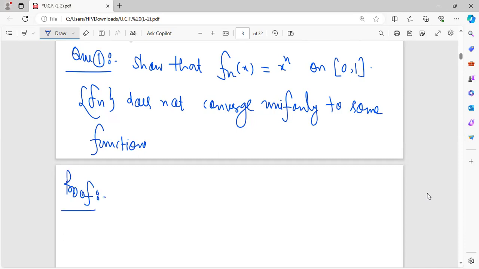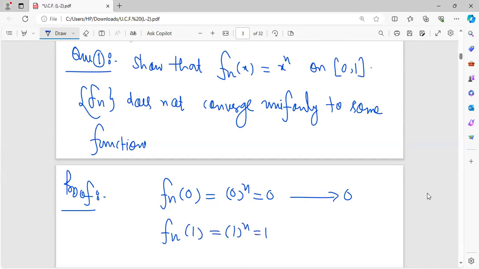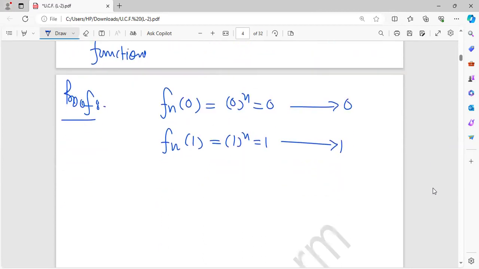Because we know that if we take fn(0), it will be 0, and this will converge to 0. And if we take 1, it will converge to 1. And what about if we take x in between? This will also go to 0.